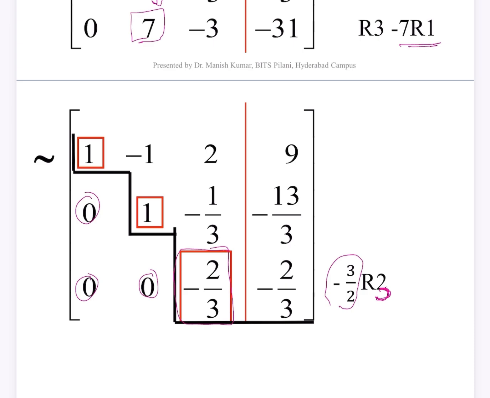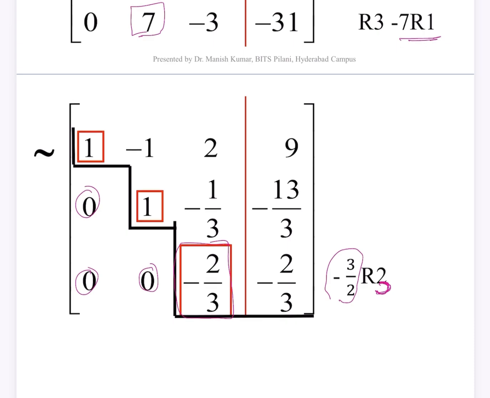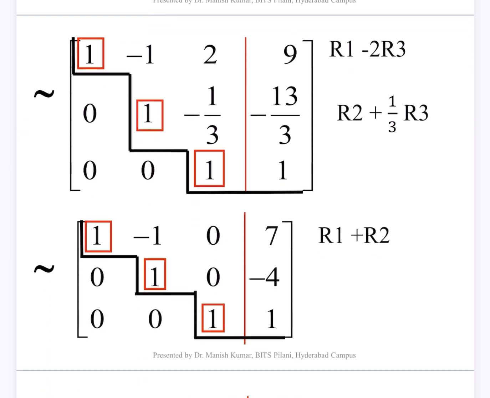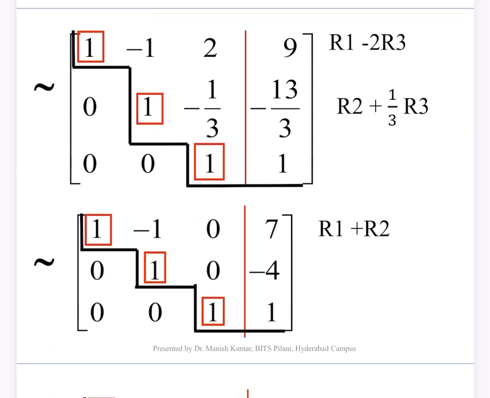R3 then becomes 1, and now that this is 1, I got the 1 entry here, and then the job is to make 0 above it, from the rightmost corner. Rightmost corner means this side. So here 1, and then we have to make 0 here and 0 here using suitable elementary row operations.